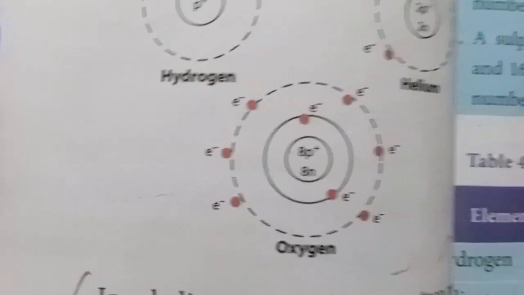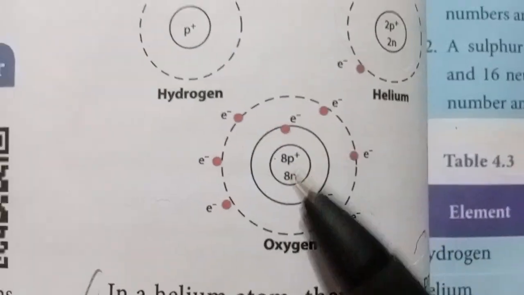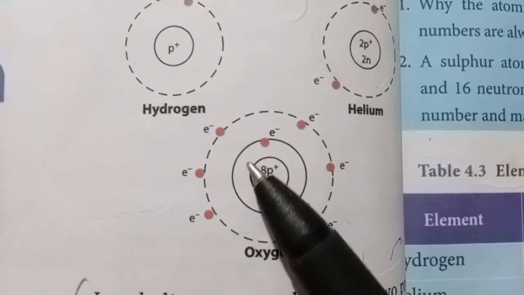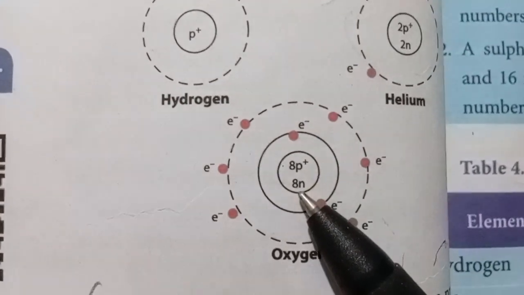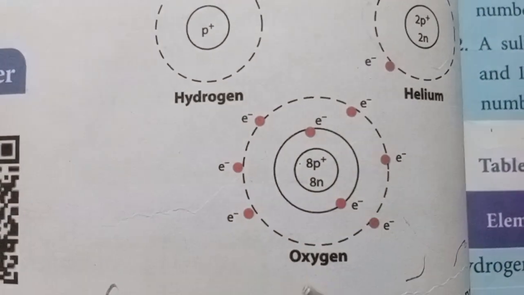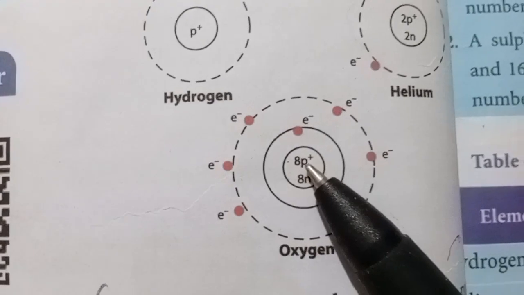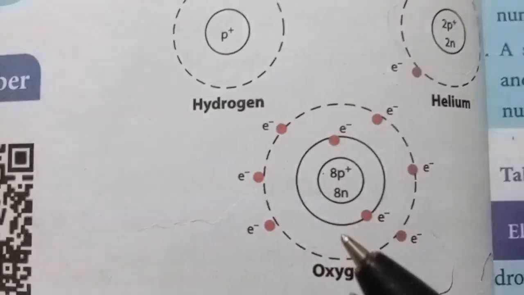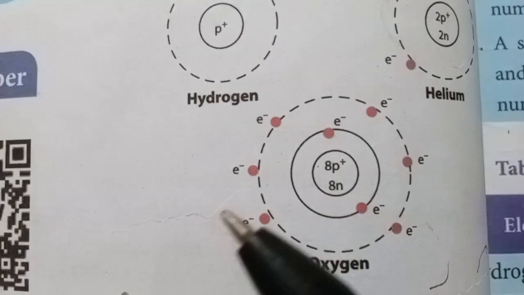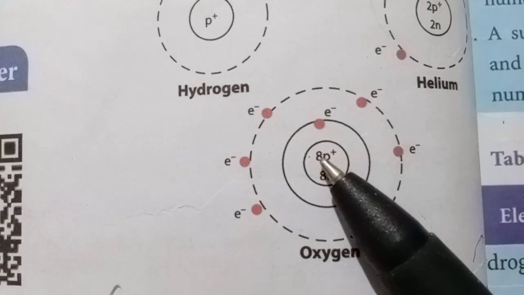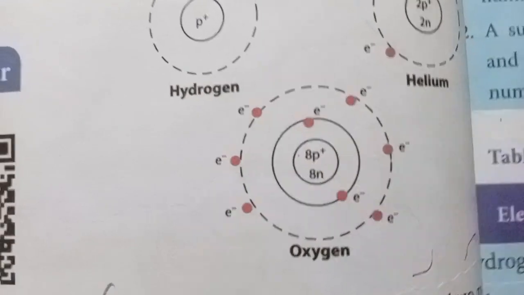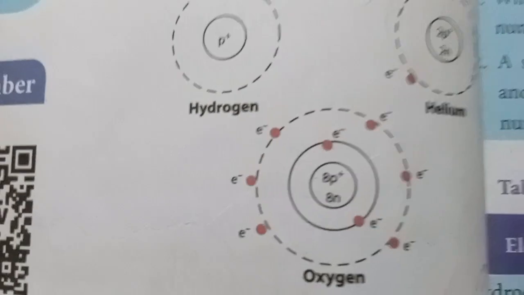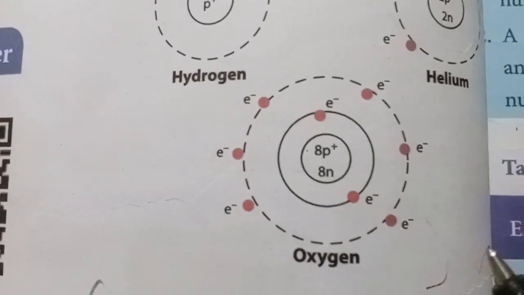See the picture of the schematic representation of the oxygen atom. Its nucleus has 8 protons and 8 neutrons. So what is the atomic mass of oxygen? It is 16, because there are 8 protons and 8 neutrons. Whereas what is the atomic number? It represents the number of protons present in it. Okay, so 8 protons. And what is the valency of the oxygen atom?